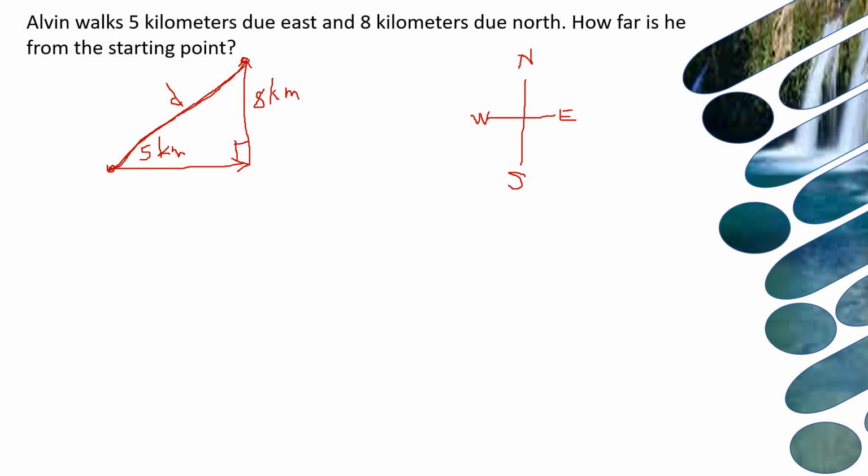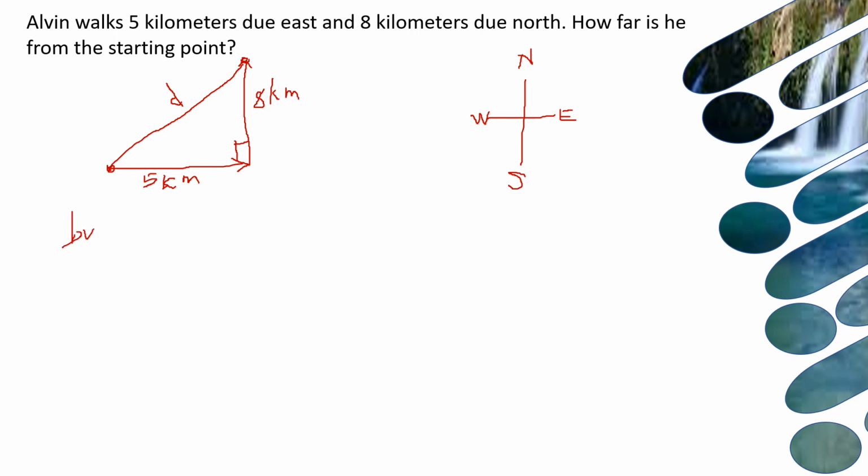And the legs of this right triangle are 5 kilometers and 8 kilometers. Now, to solve for the unknown side of a right triangle, we will use the Pythagorean theorem.